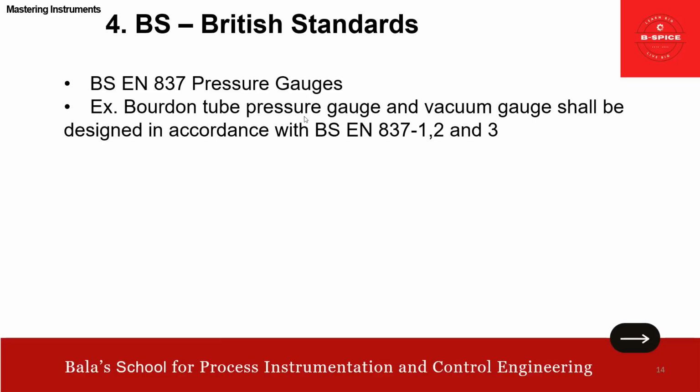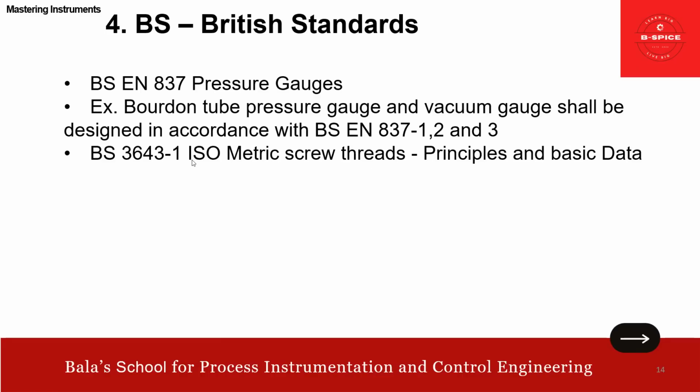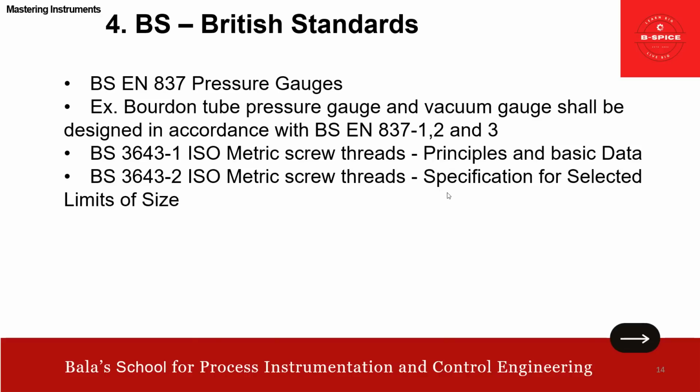For example, Bourdon tube pressure gauge and vacuum gauge shall be designed in accordance with BS EN 837 Part 1, Part 2, Part 3. BS 3643, ISO metric screw threads. Part 1 talks about the principles and basic data. BS 3643 Part 2 talks about specification for selected limits of size.